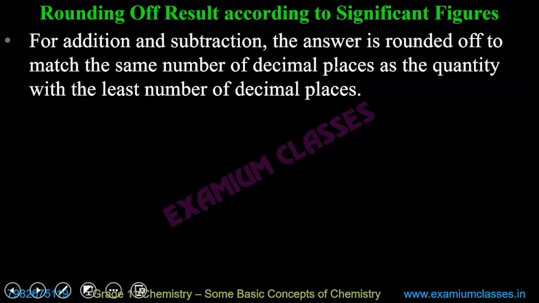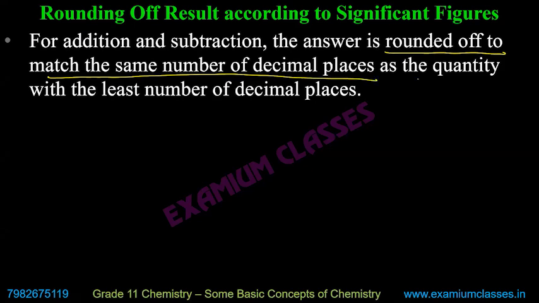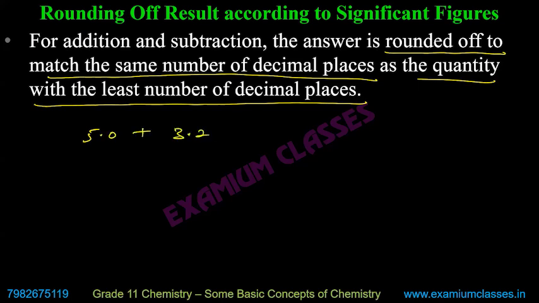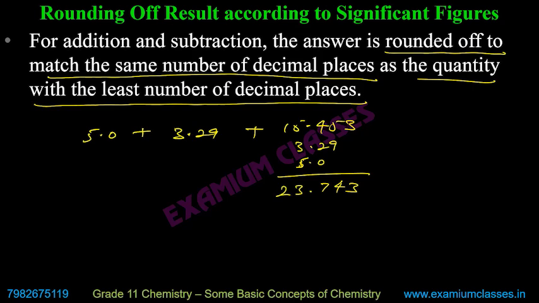For addition and subtraction, the answer is rounded off to match the same number of decimal places as the quantity with the least number of decimal places. So if I am adding say 5.0 plus 3.29 plus 15.5 or 453, I add 3.29 and 5.0, and so on.